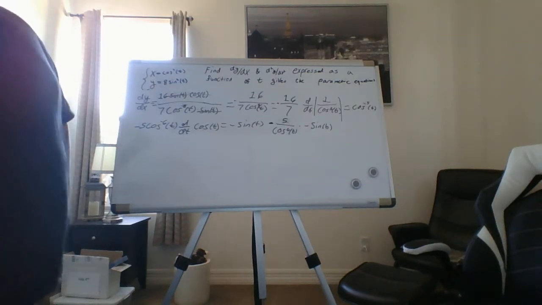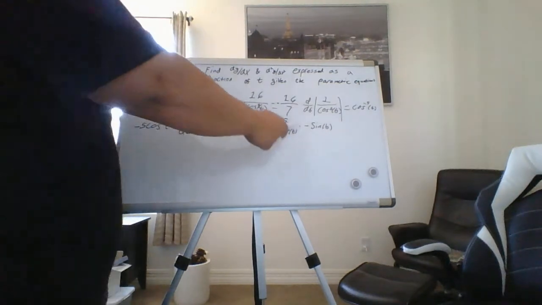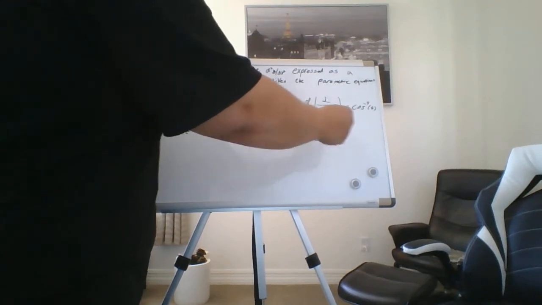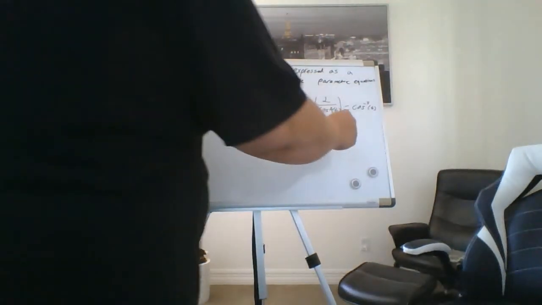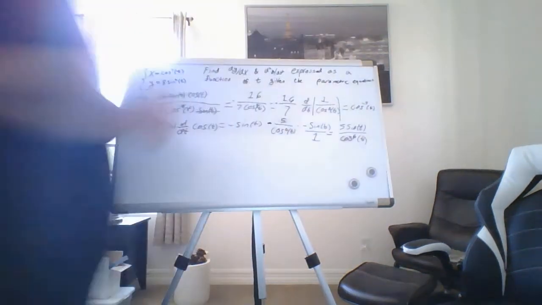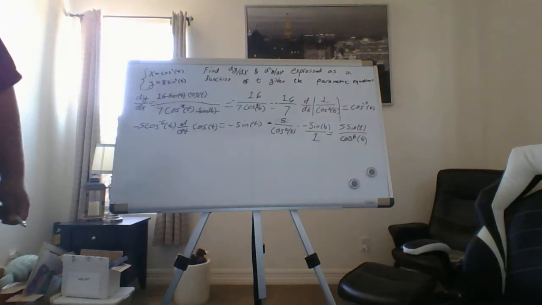But the good thing is this sign is a negative, so all we have to do is put a 1 over it, multiply, which equals positive 5 sine of t on top, in the numerator, over cosine of 6 to the t. There you go. And that's it.